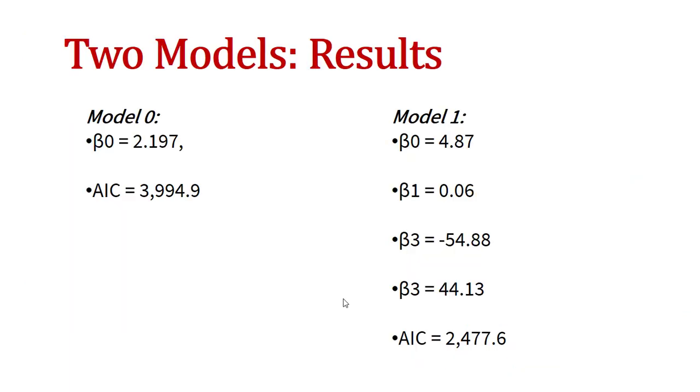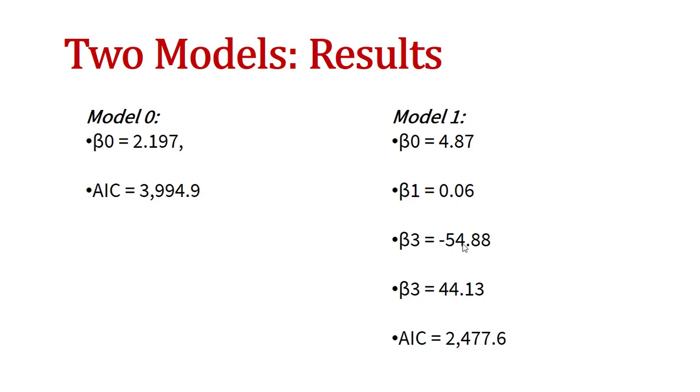So I did this with R, and the best beta 0 is 2.197, which is the mean of the whole 400 values of happiness, and the AIC is 3994.9. For model 1, beta 0 is 4.87, which is the mean for cooking. Beta 1 is 0.06, the extra happiness that you would get for gardening.